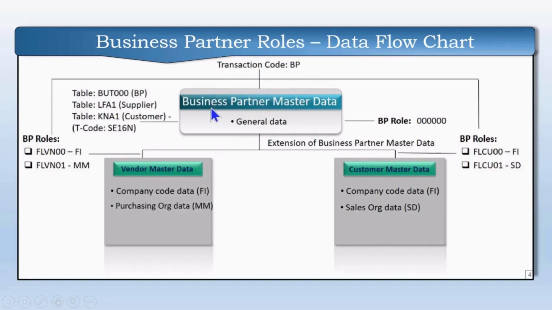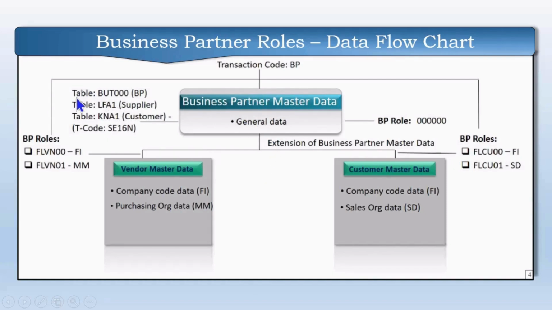Let us start with business partner master data. This is the initial data which you create, which you call general data. The role for the general data is BP role 000000, which is the SAP S4HANA standard code. This is the code you assign first, and then you create the general data.